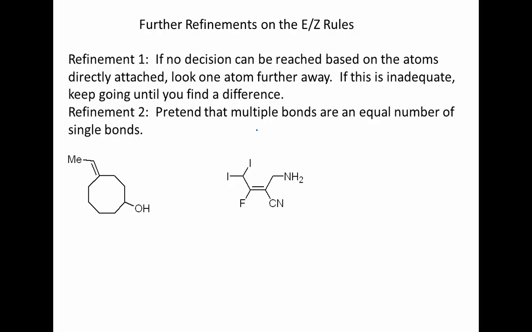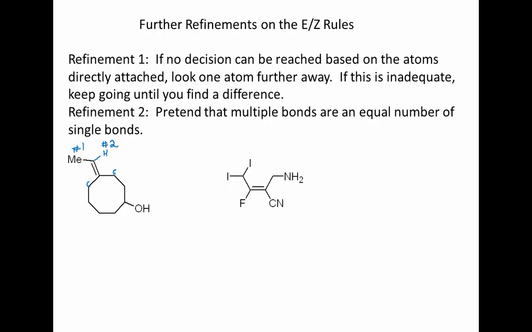So let's look at this one. Sorry, before we look at these, let's add refinement number 2: pretend that multiple bonds are an equal number of single bonds. So let's look at the first one. The bond line formula has eliminated this hydrogen, but it's still there. We can see quite clearly that carbon is going to be heavier than hydrogen. Okay, what about here? There's a carbon, and there's a carbon.